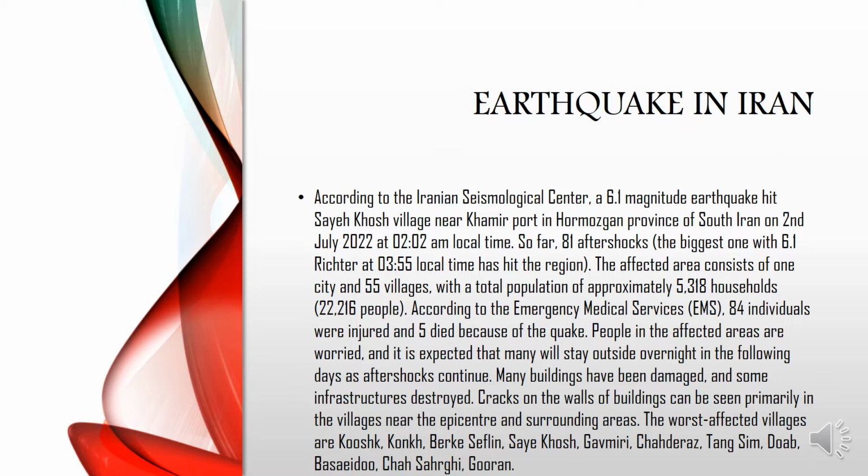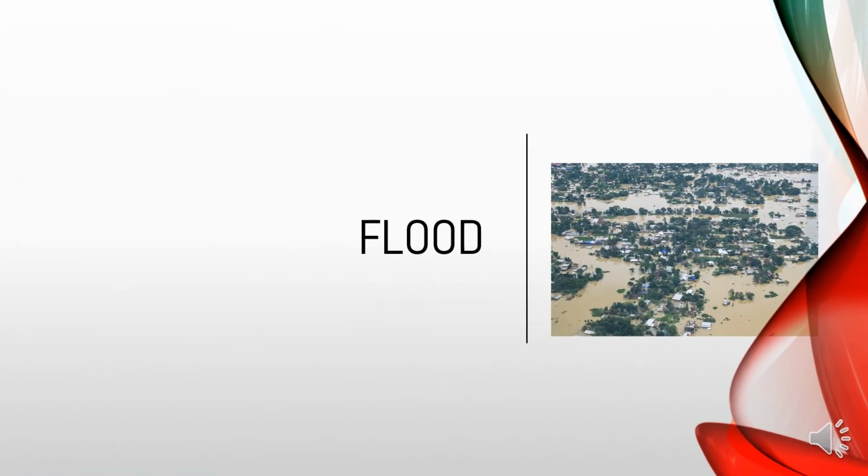Cracks on the walls of buildings can be seen primarily in the villages near the epicenter and surrounding areas. The worst affected villages are Kushk, Kong, Berkeseflin, Sayakosh, Gavmiri, Chahazadar, Tangsim, Doab, Basaidu, Chahasahagri, Guguran.